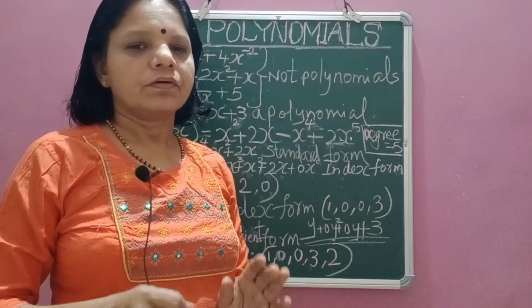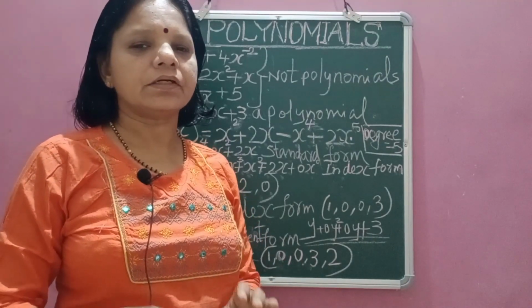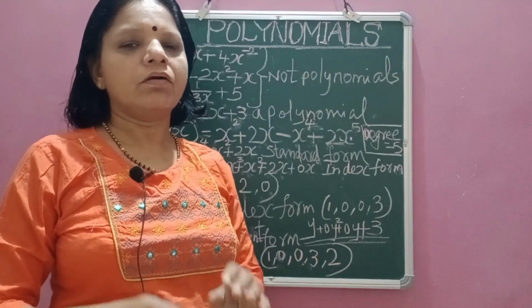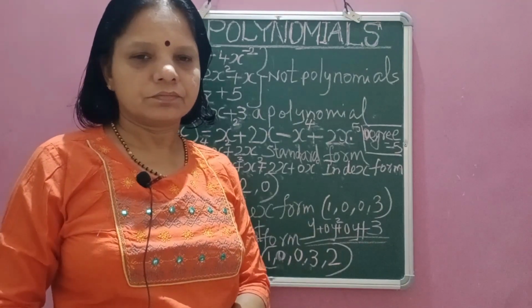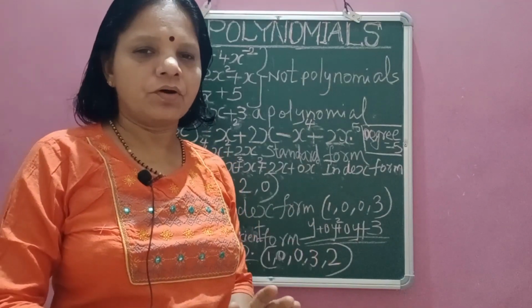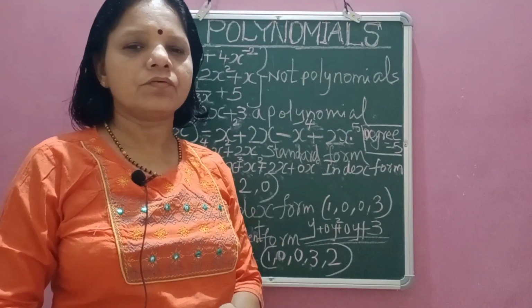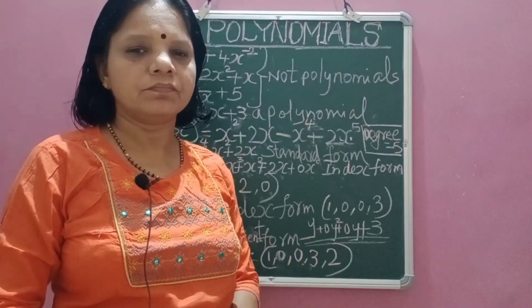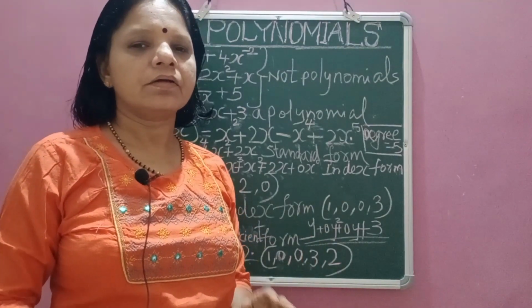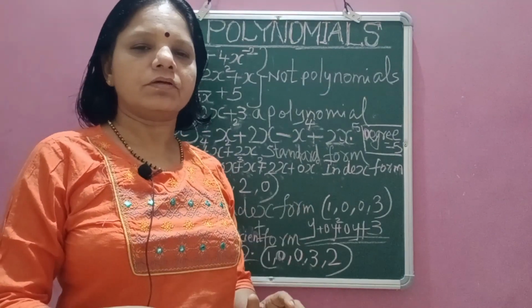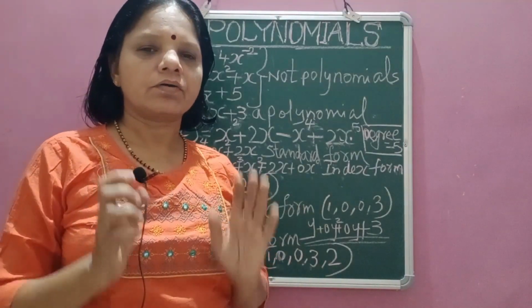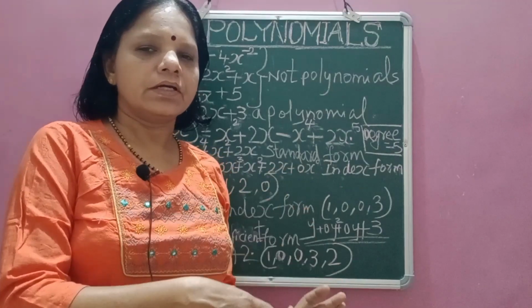Index form: arranging the terms by showing all the indices with 0 coefficient. And coefficient form: take out all the coefficients from the index form and put them in brackets separated by commas. And we can convert index form into coefficient form and coefficient form into index form.